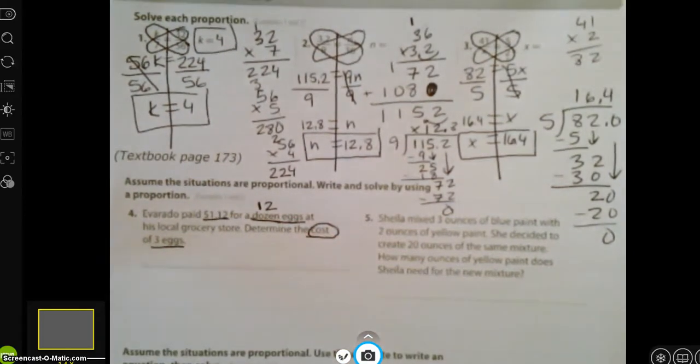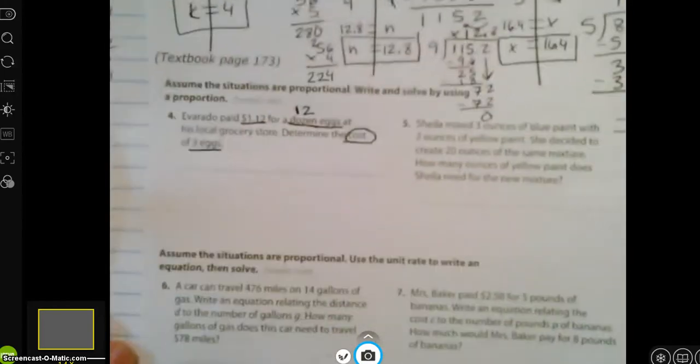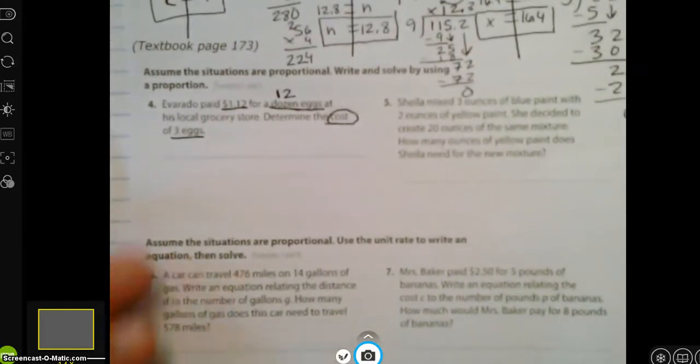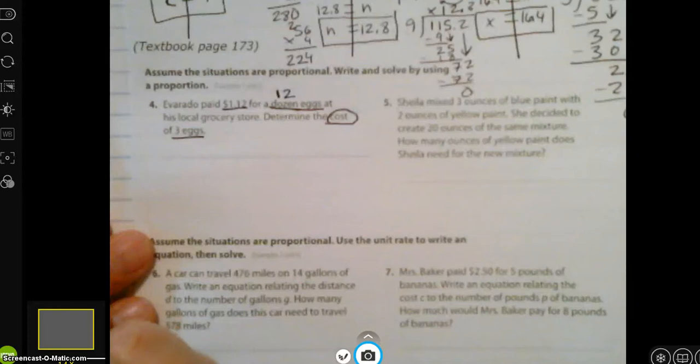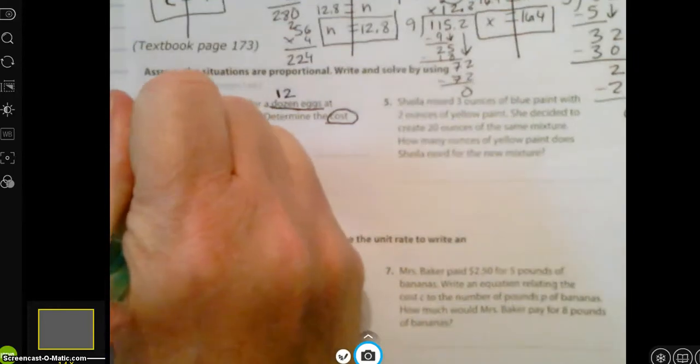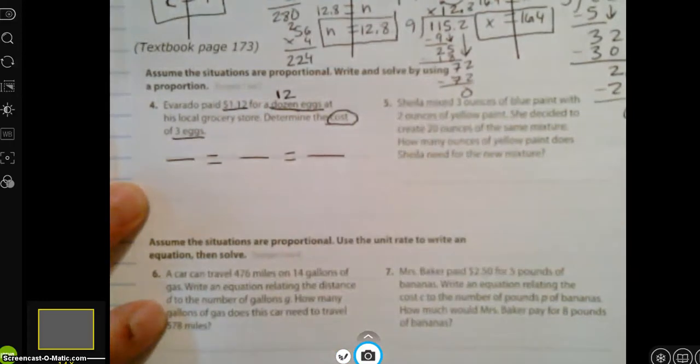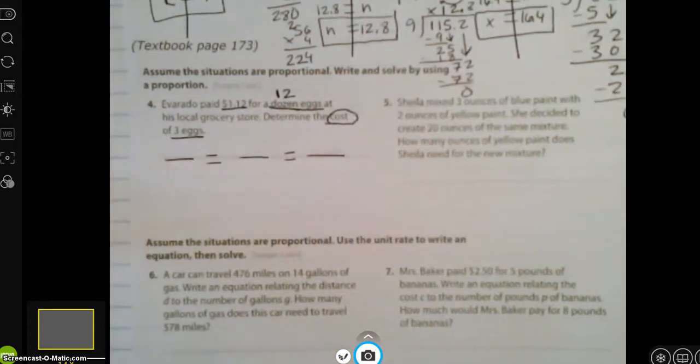So when we set up a proportion, guys, what we want to do every time, this is going to help keep you organized, is you are going to write 3 lines. Now, I do know there is more than one way to solve this. I do know you can divide as a first step.